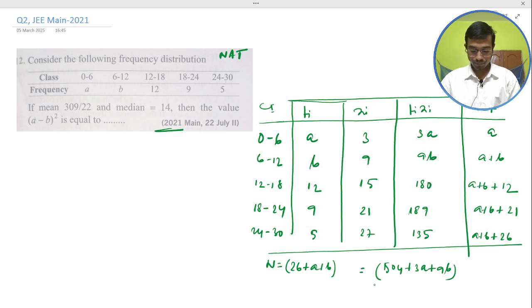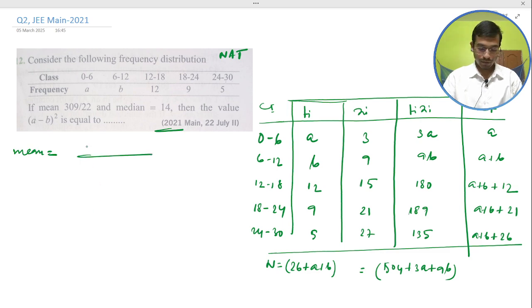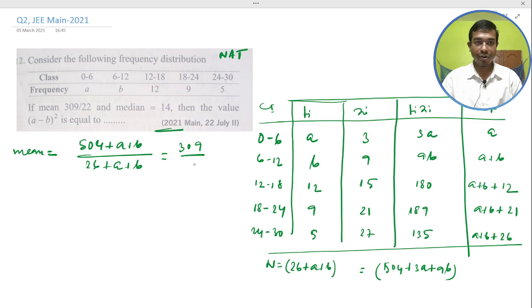Okay. So the mean would become what? That is (504 plus 3A plus 9B) divided by (26 plus A plus B). This is given as 309 by 22.